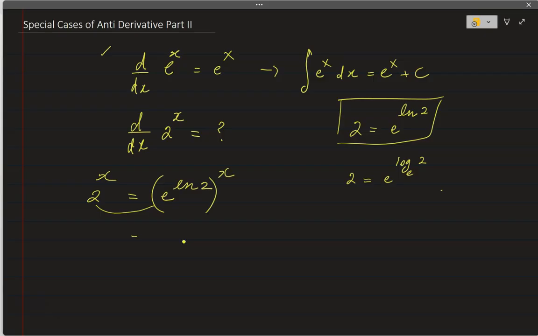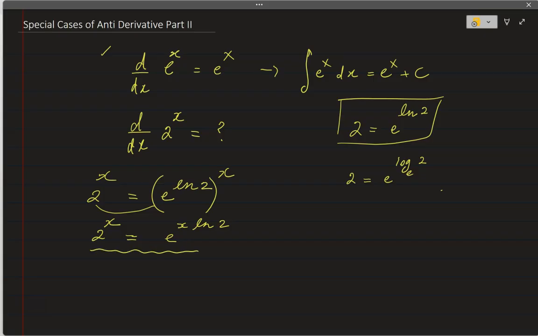That is a power of a power, one of the exponent laws, so this would be e to the x ln of 2. That is the value of 2 to the x.